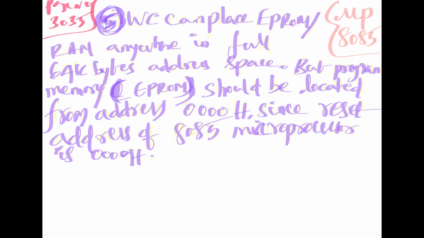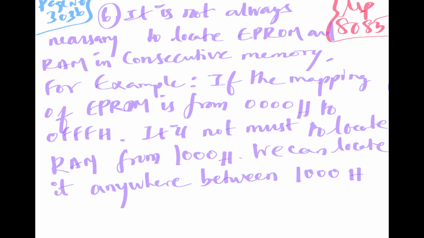We can place EPROM or RAM anywhere in the full 64K bytes address space, but program memory EPROM should be located from address 0000H, since the reset address of the 8085 microprocessor is 0000H.